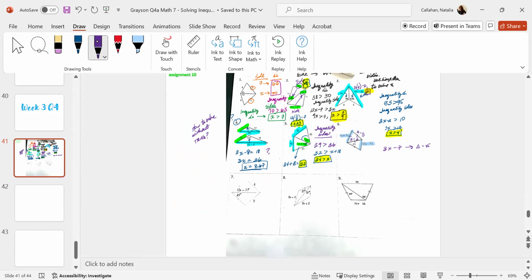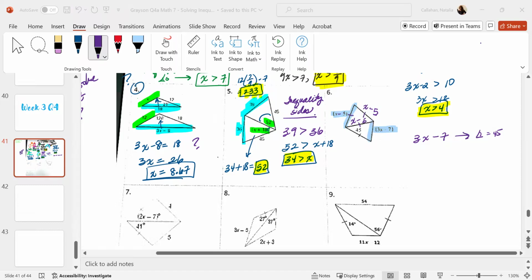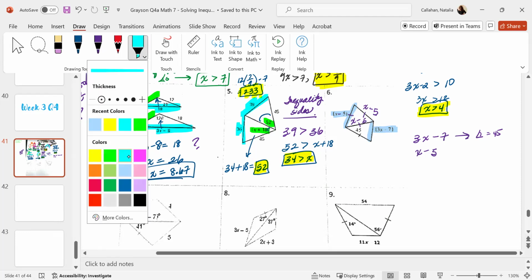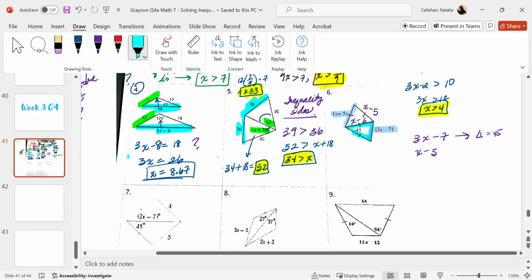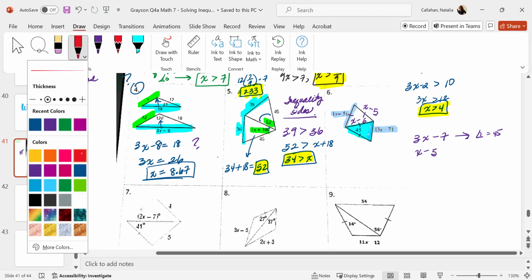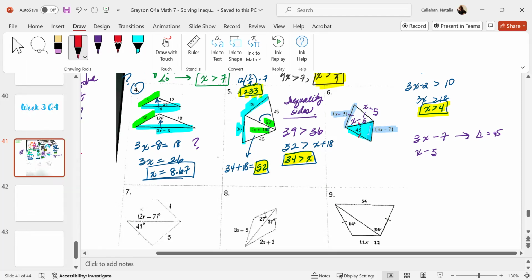So then we also have x minus 5. Okay, this is a tricky one. Do you see this triangle right here that I'm going to highlight in blue? This triangle is saying these two sides are exactly the same, correct? Which means opposite of these two sides, this angle is equal to this angle.